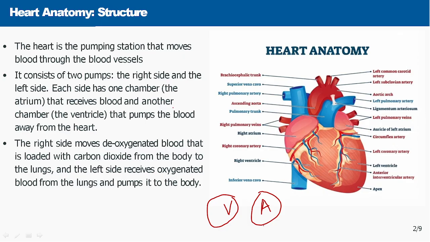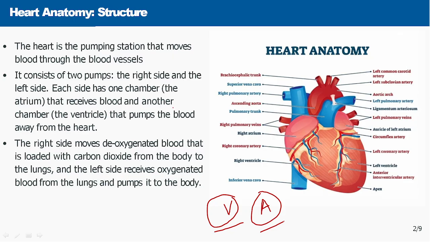Oxygenated blood, after purification, after oxygenation, has to be supplied to all of the body, so it has to move away from the heart, and the heart will pump that all over the body. So, arteries will supply that oxygenated blood all over the body. That means veins normally carry deoxygenated blood, and arteries carry oxygenated blood.